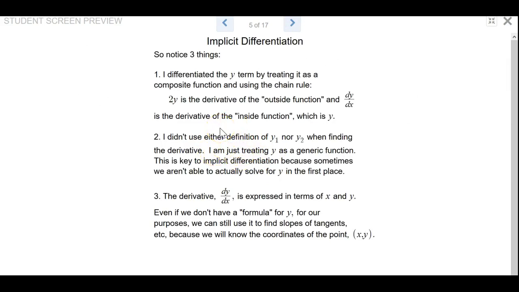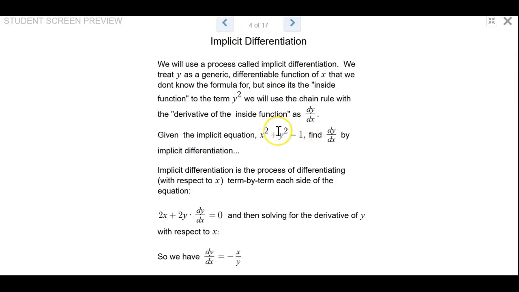So another thing to notice is we didn't use, even though in this case we could solve for two functions, y1 and y2, that solved this equation, we didn't use them at all. We could go back and solve this equation for y1 and y2, and then take the derivative of each of those, and the formula we get for each derivative would turn out to work for all the points, just like this one does.